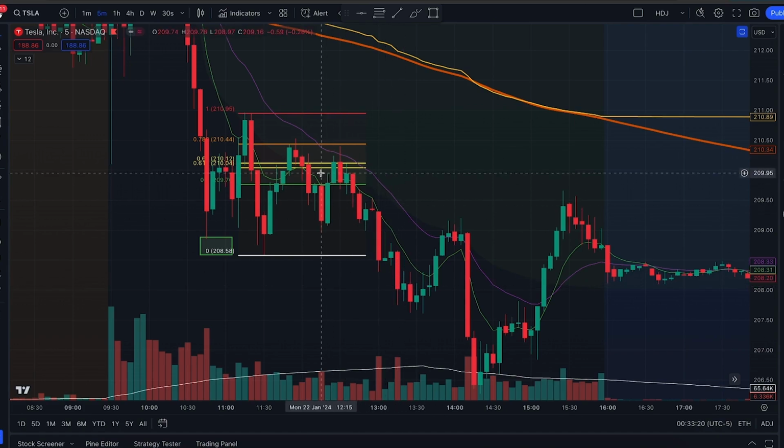So me personally, I would have stayed in the play, because that's why it's so important to enter at discount. Let's say you would have gotten your puts right here. You would have been going into the green, but then it started to go back up, so you would have lost some of that green as price went back up.